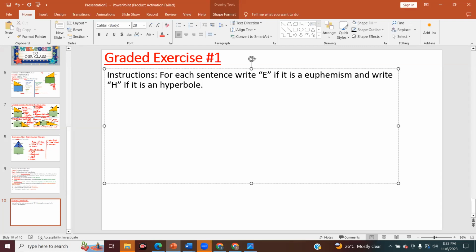All right, so let's go. Number 1. She is as tall as a giraffe. Number 2.